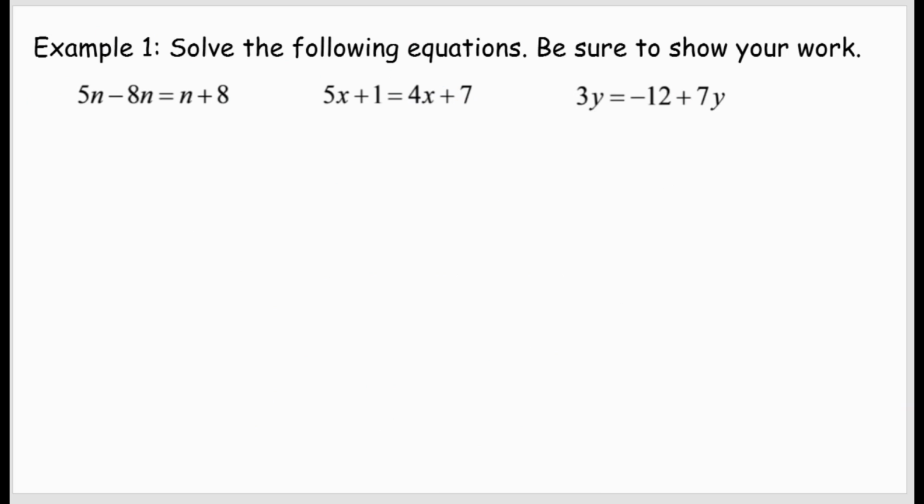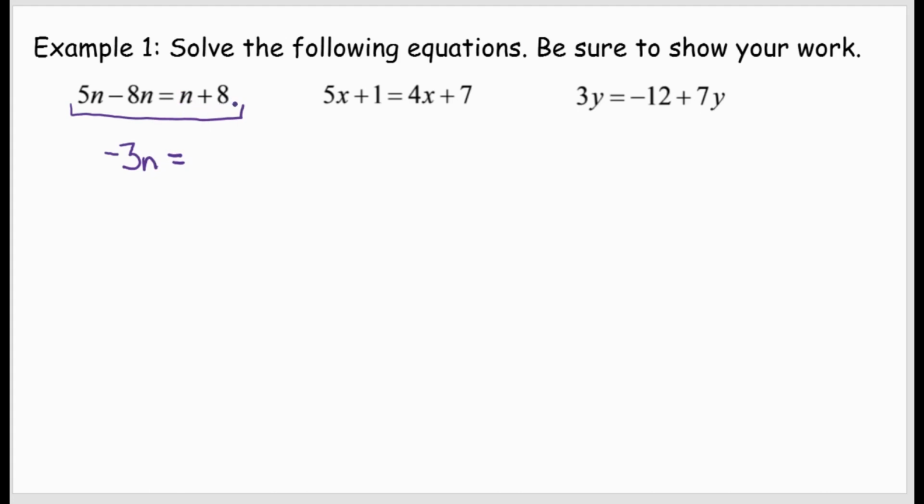So when I look at this first question, 5n minus 8n equals n plus 8. The first thing I'm going to do is look at just the left side of the equation, and I notice that I can collect these like terms. 5n minus 8n is negative 3n.